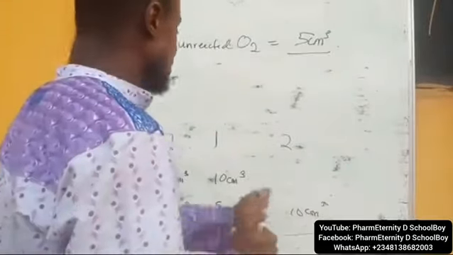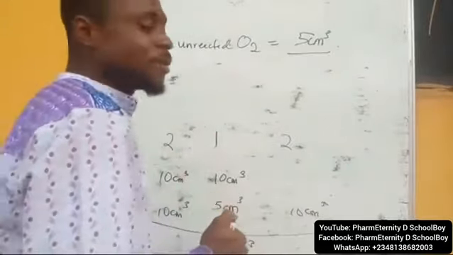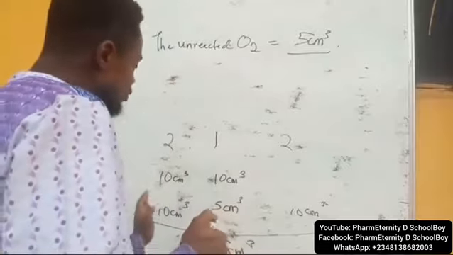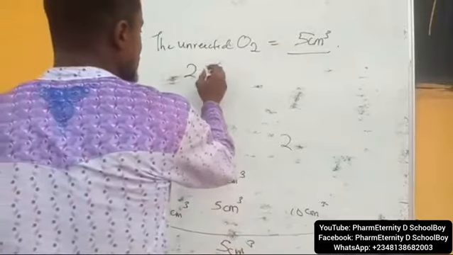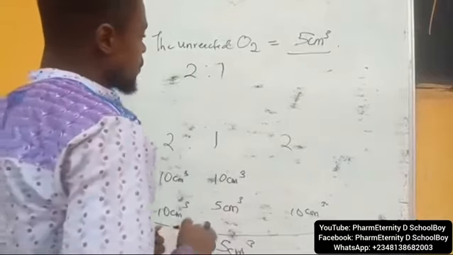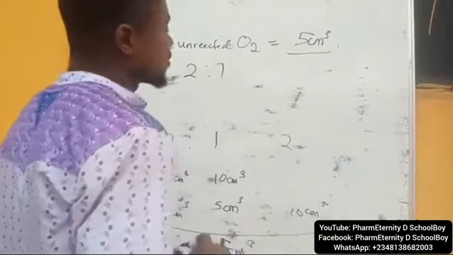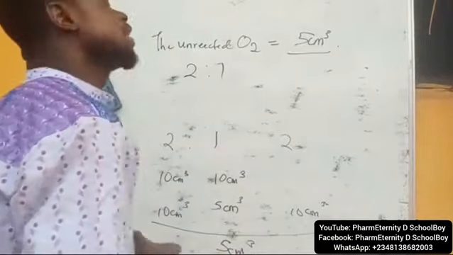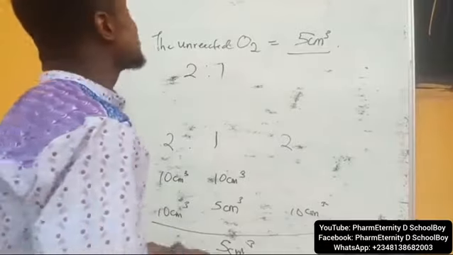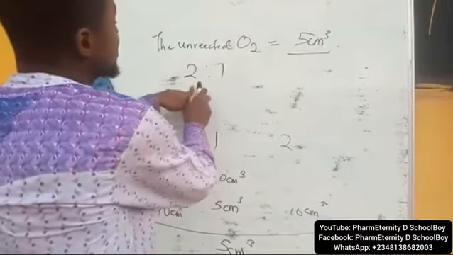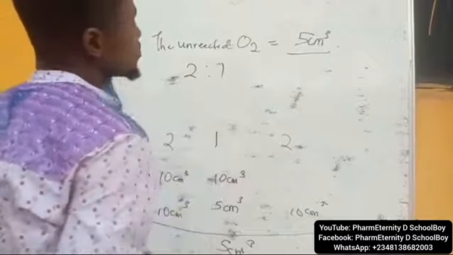5 cm cube of oxygen combined with 10 cm cube of hydrogen in ratio 2:1. So 5 cm cube will remain. No matter the volume of oxygen you pump there, it can only combine with hydrogen in ratio 2:1.